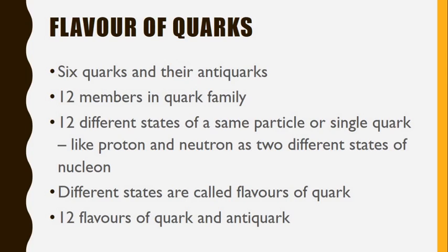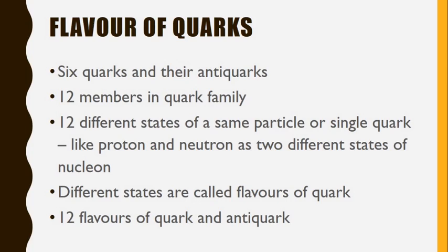Similar to that, here also we can consider a single particle or single quark, and it has different flavors or different states. So 12 different states of a single quark. These different states are called flavors of quark.